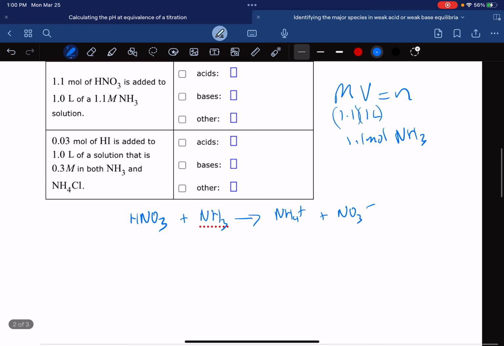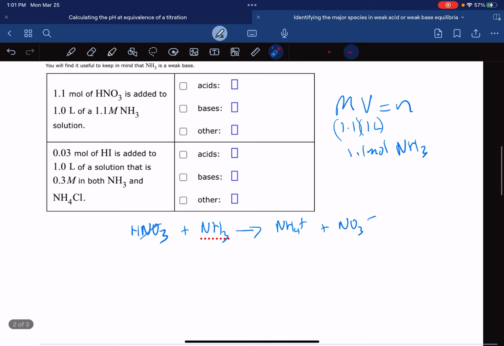Now, this is all aqueous, and what we do know is that this and this are doing nothing in our reaction, and I don't want to put a line through it because we have to actually include it. But what we know we have is, initially, and I'm going to do initial, change, and final, we have 1.1 mole of this, and we have 1.1 mole of this, and we have none of this to start off with.